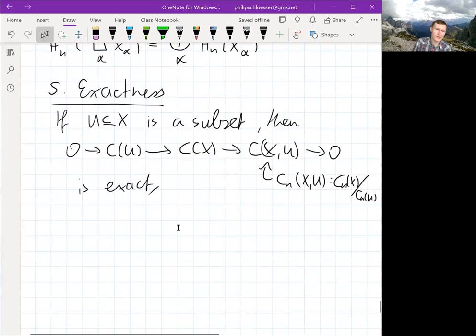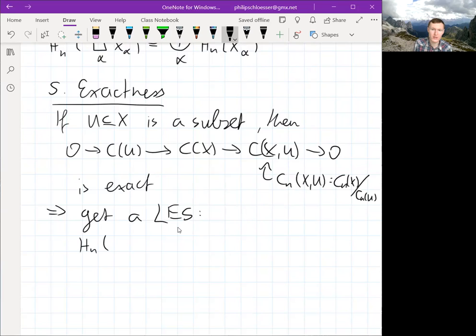So now we have a short exact sequence of chain complexes, so we get the long exact sequence of homology. Namely, we have the nth homology group of U, then the nth homology group of X, then the nth relative homology group of X relative to U, and then the (n minus first) homology group of U, and so on.